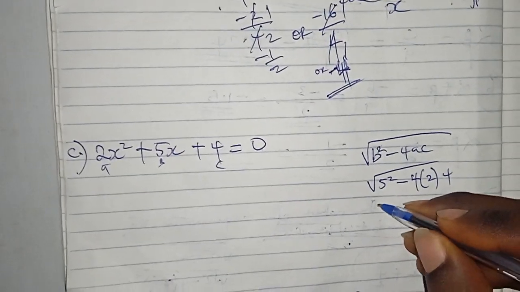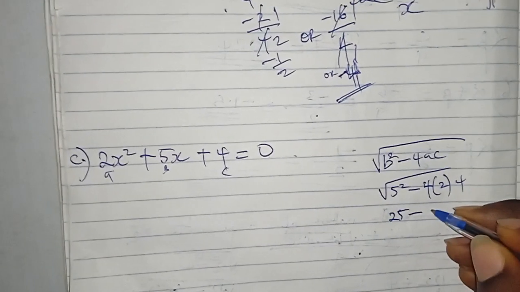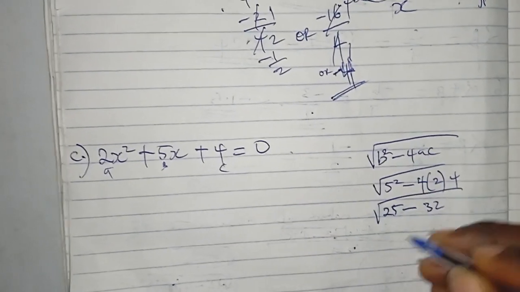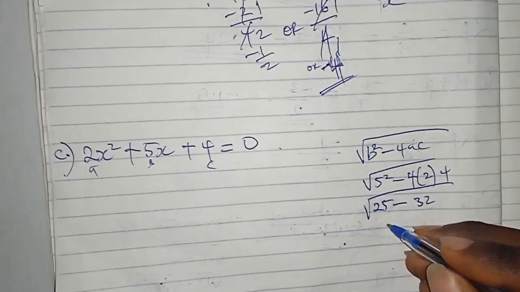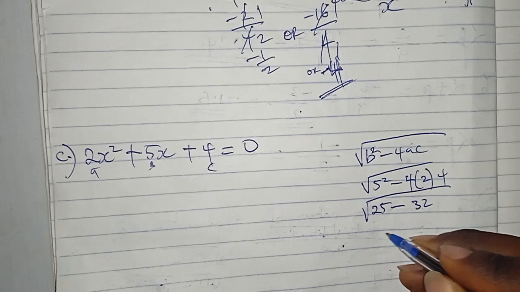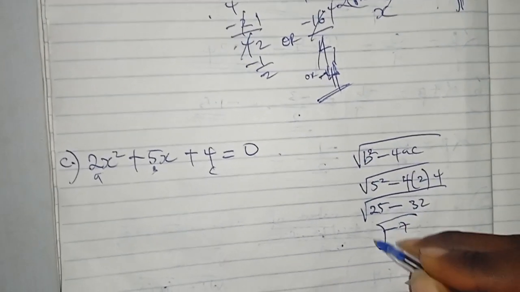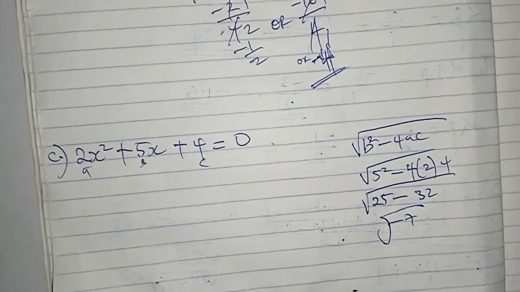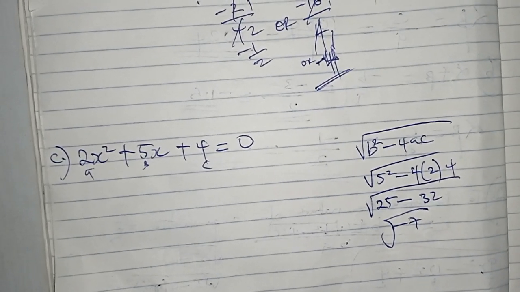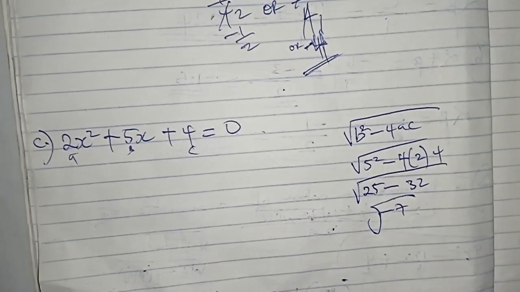So this is 25 minus 32. 25 minus 32 is going to give me minus 7.